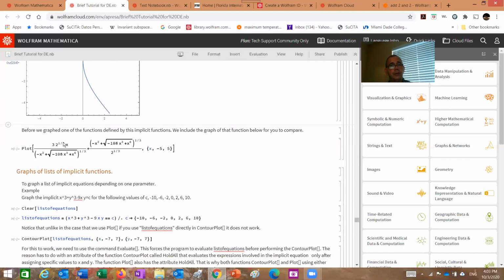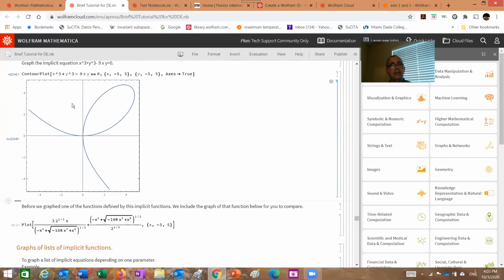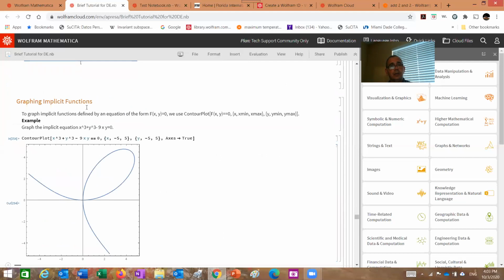Before, we saw that this implicit equation defines one of the explicit functions, and the graph was this part of the graph, this part going to 0, and then instead of continuing over here, it continues going through this part here and ended approximately over here.